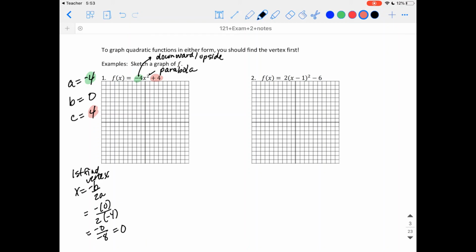Technically here, if I wanted to start making a table, let me make a table. So when x is 0, I'm going to substitute it in. I'm going to find my y value, find f of 0. Wherever I see an x, I'm going to put a 0.